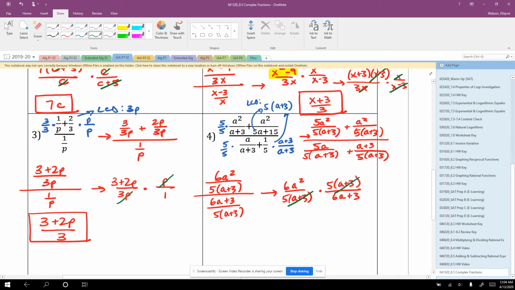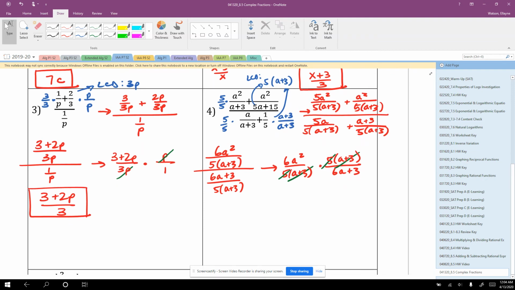A plus 3 can cancel out. 5 can cancel out. Let's leave it like that for right this second. And we're left with 6a squared over 6a plus 3.